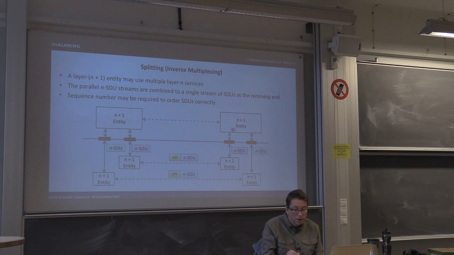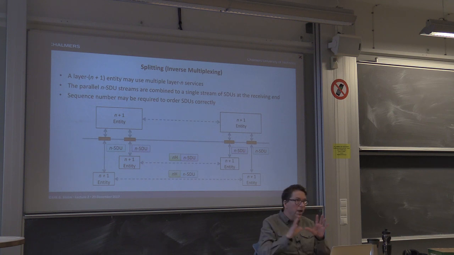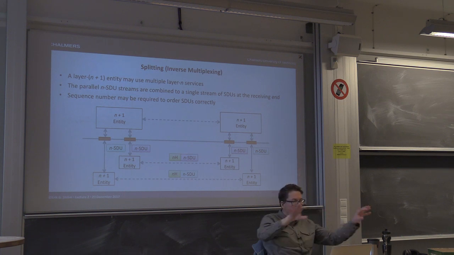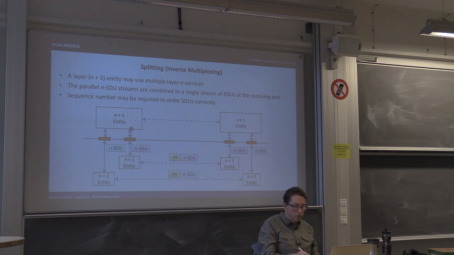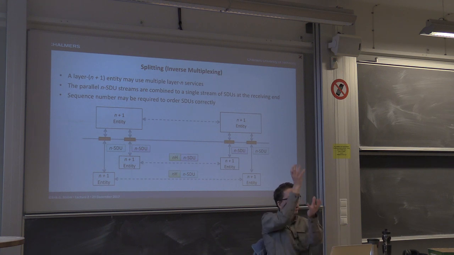But these service data units are then feeding the same service above. Again, if I'm n+1, I'm providing a service above. So I get service data units from above, and then I split them up into two pipes, one which goes the blue path and one which goes the purple path. At the receiving end, I get these, and I still send them up to the same protocol above me.